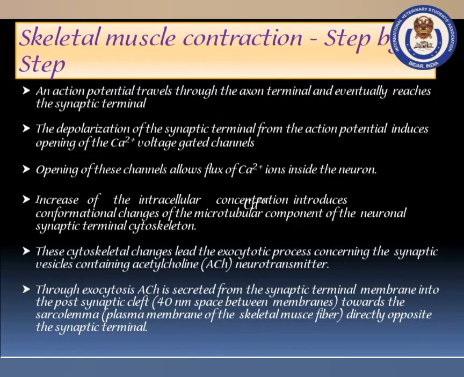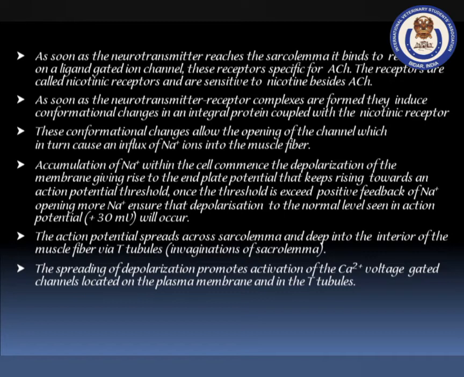As soon as the neurotransmitter reaches the sarcolemma, it binds to the receptor on a ligand-gated ion channel. These receptors, specific for acetylcholine, are called nicotinic receptors and are sensitive to nicotine besides acetylcholine. As soon as the neurotransmitter receptor complexes are formed, they induce conformational changes in an integral protein coupled with the nicotinic receptor.